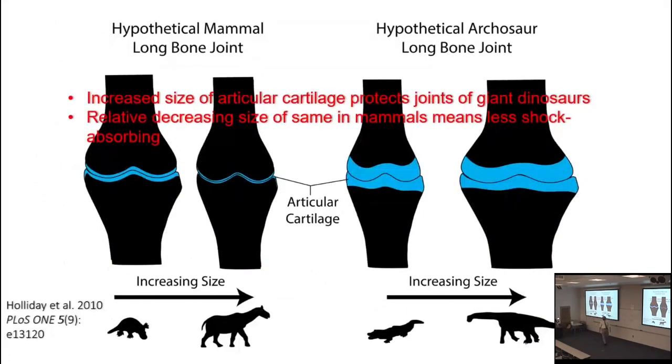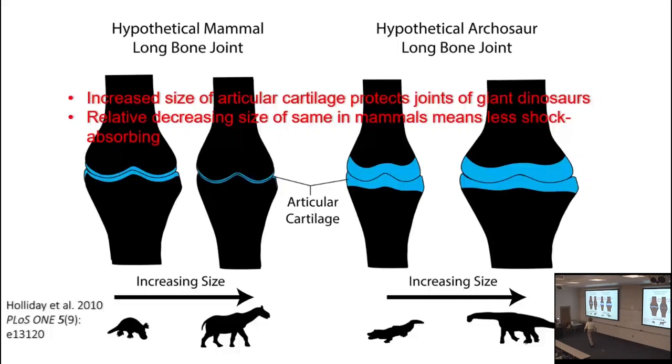Now, another thing that people have observed, and we're almost at the end of this one, is that in mammals, the thickness of the articular cartilage, the cartilage that exists at the ends of the joints, scales with negative allometry. The bigger the animal, the bigger the mammal, the less cushion they have at the joints.